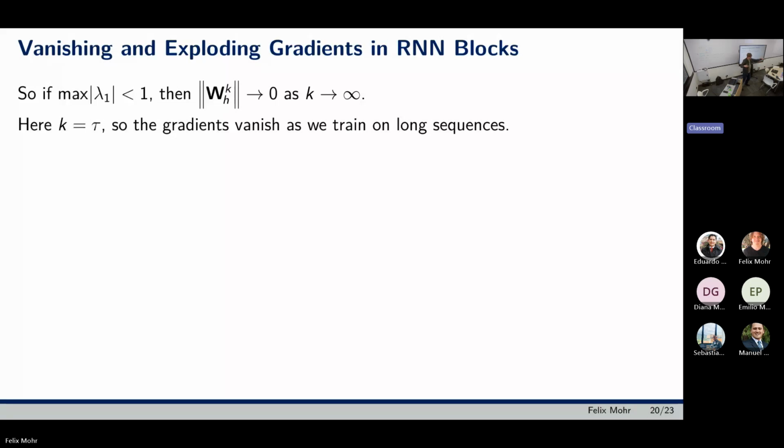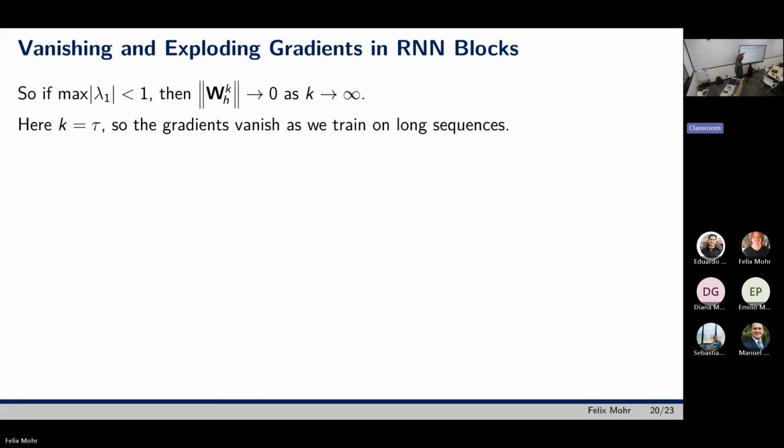What arrives from the end at your recurrent layer may still be strong, but as you propagate it through your recurrent cell, it disappears. Then anything that comes before your recurrent cell basically doesn't get any multiplications with anything positive anymore, but only with zeros. So you are not able to learn anything for long sequences.